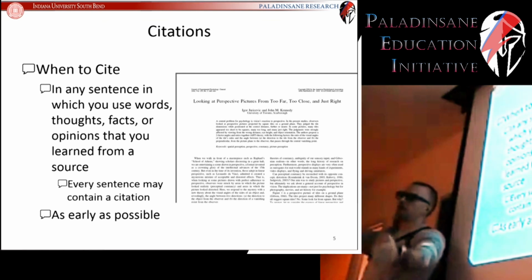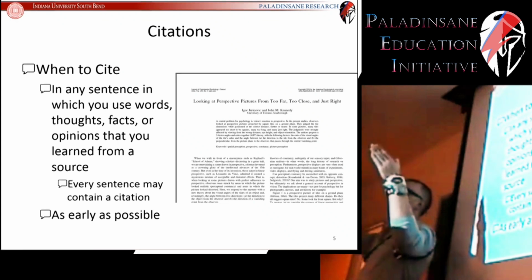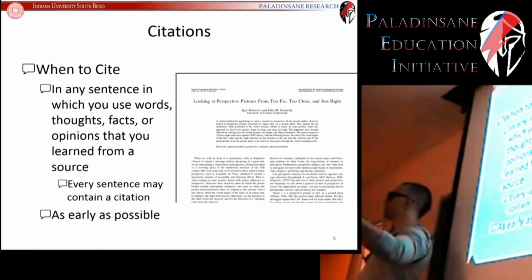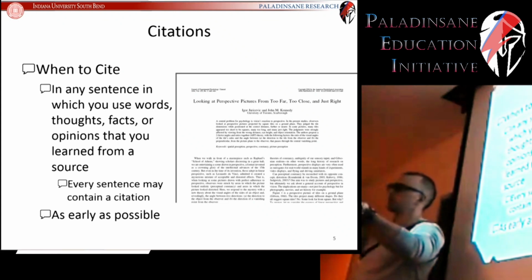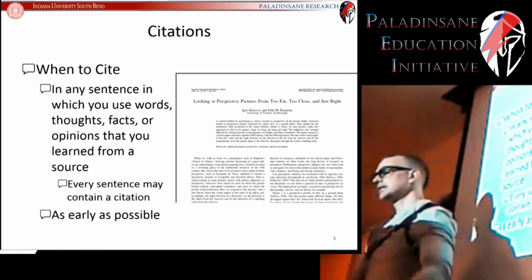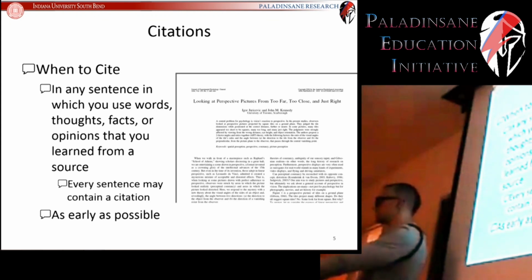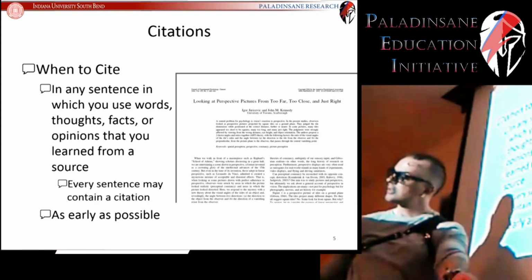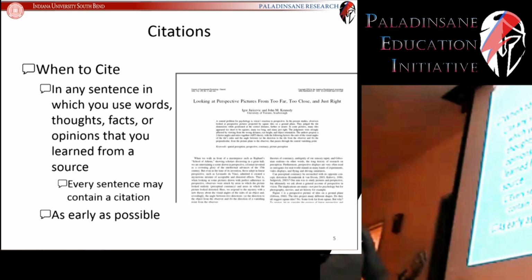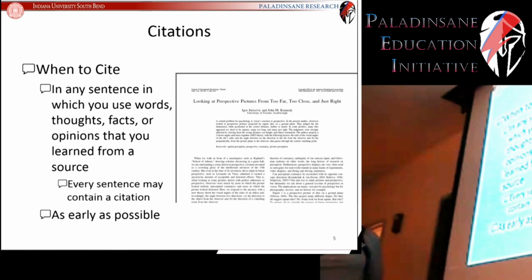Roediger and McDermott should come at the point where you're done talking about reconstructed memory. Roediger and McDermott should come at the point where you say, reconstructed memory is when you remake a memory every single time that you remember it, Roediger and McDermott, 1995. And this implication has effects on this and this and this. And if that's not your idea, cite another individual or cite that source again. So it should come as early as possible.